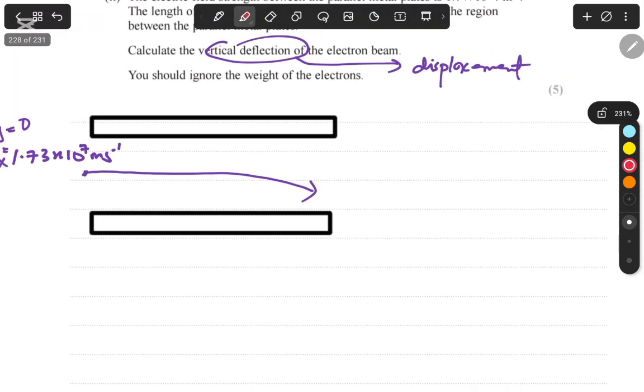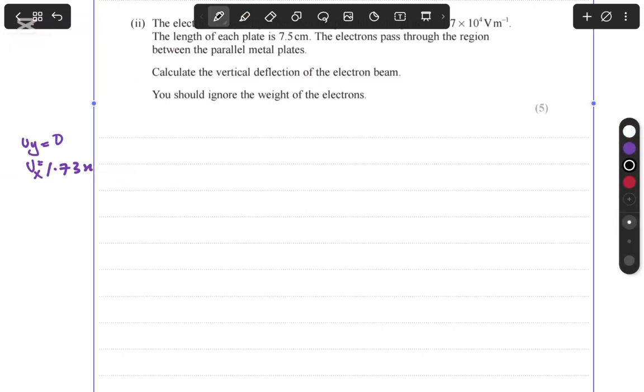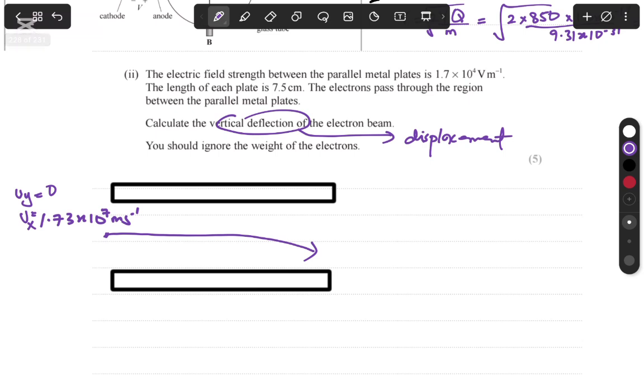Now, one of the major things we need to find to be able to solve this question is the acceleration. In projectile motion questions, we already know the acceleration due to gravity, but here we have to find it out. So we know that F is equal to ma, and the resultant force is equal to the electric force.